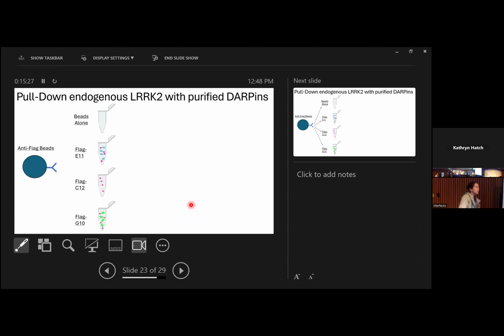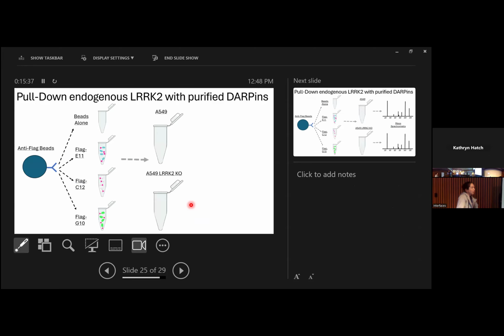To do this is essentially just a co-immunoprecipitation. I've got flag tags on my DARPins, and I mix them with anti-flag magnetic beads.